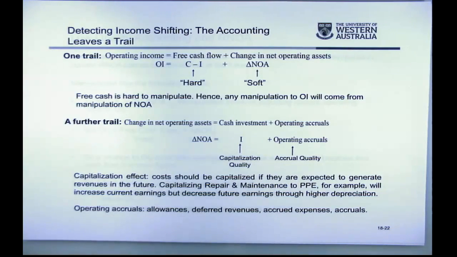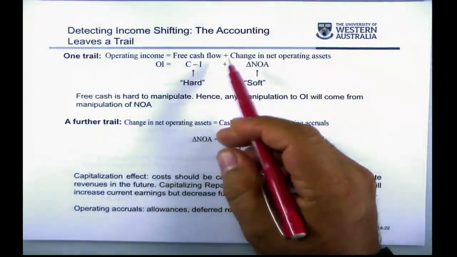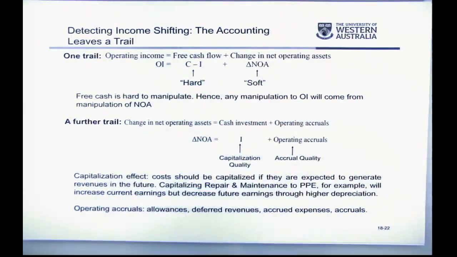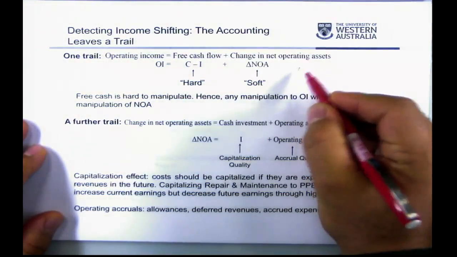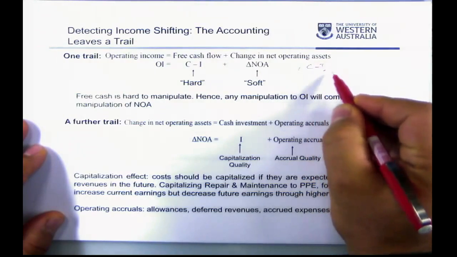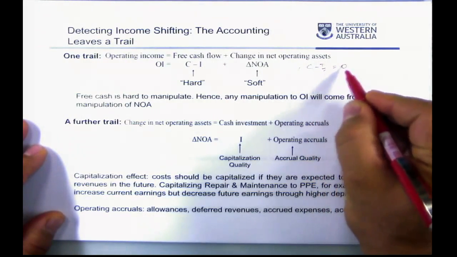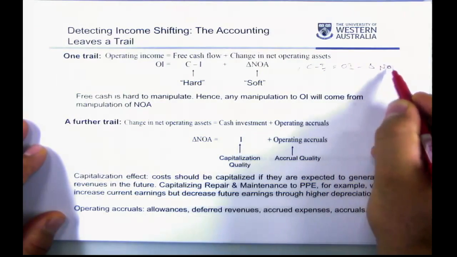Now let us have a look at the trail. Remember that operating income is the free cash flow plus the change in net operating assets. We just rearrange the formula. Remember the formula says C minus I is equal to operating income minus the change in net operating assets.